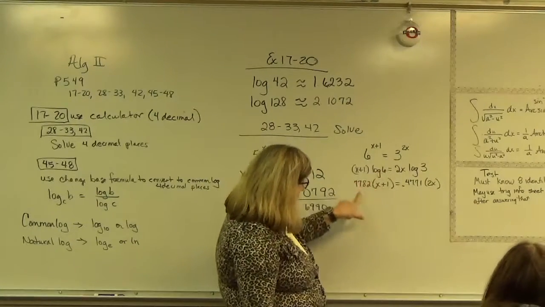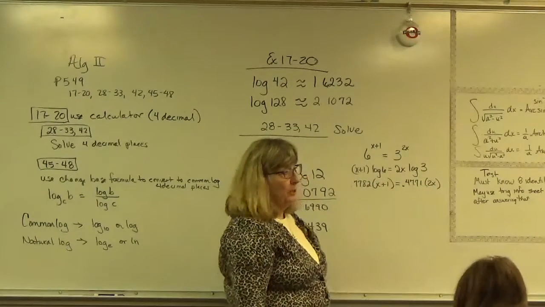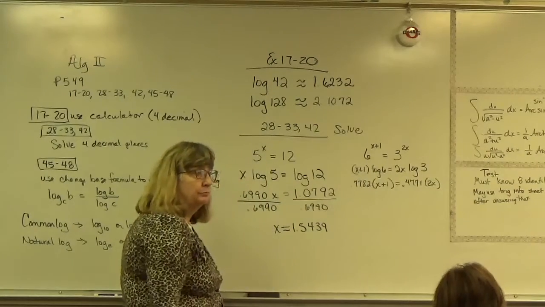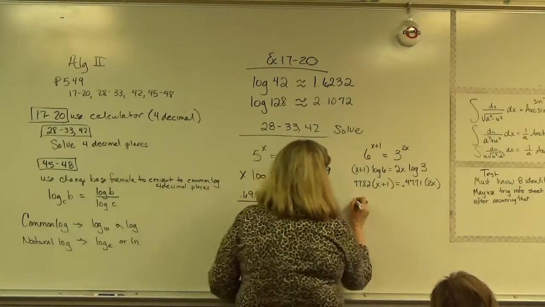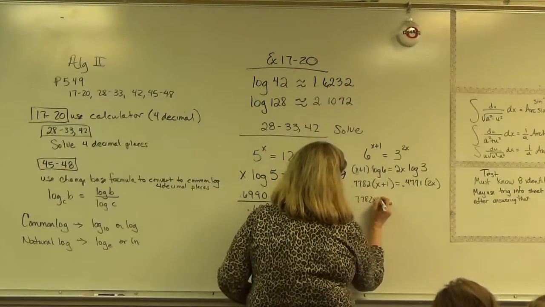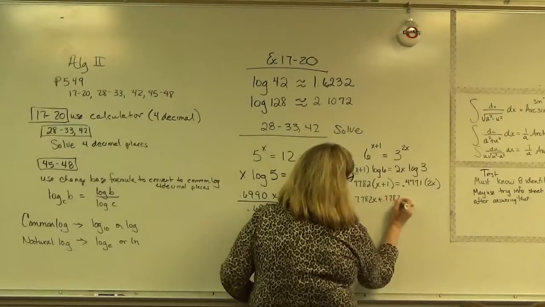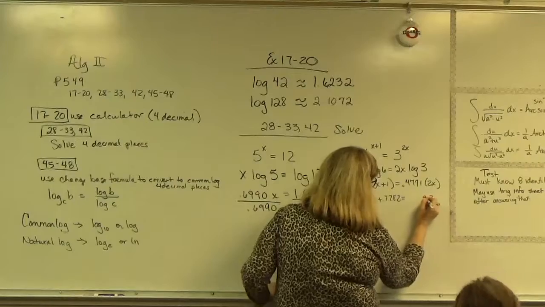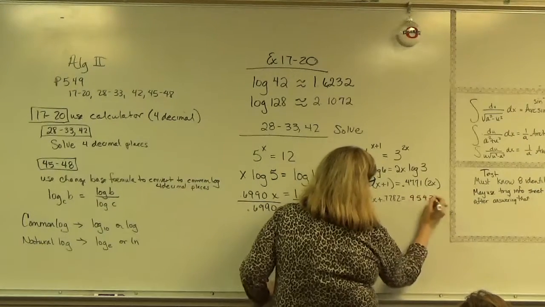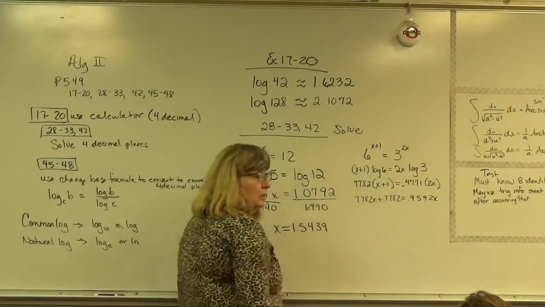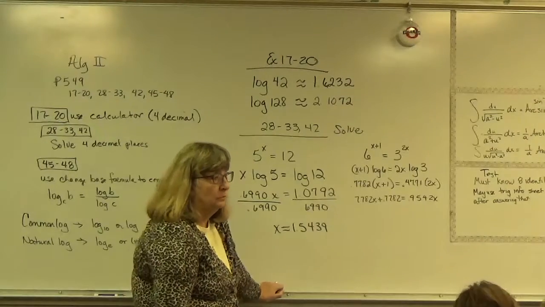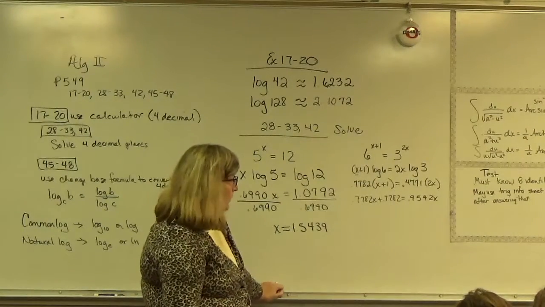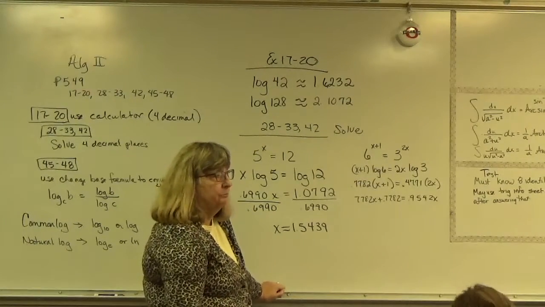So we've got the log of 6, we got the log of 3, and now what do we have to do to solve the problem? Distribute. So you're going to have 0.7782x plus 0.7782 equals 0.4771 times 2. Then what would be our next step?